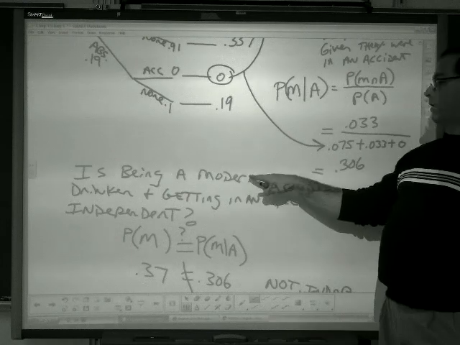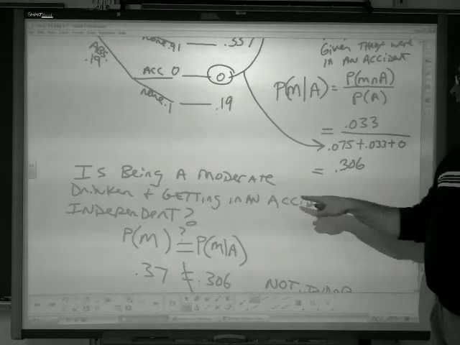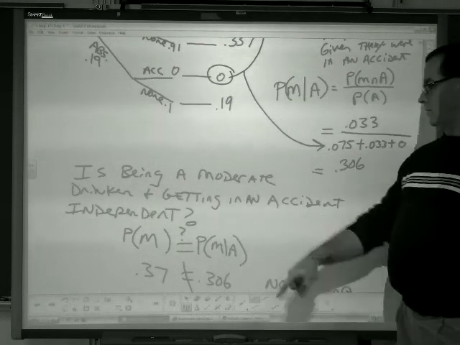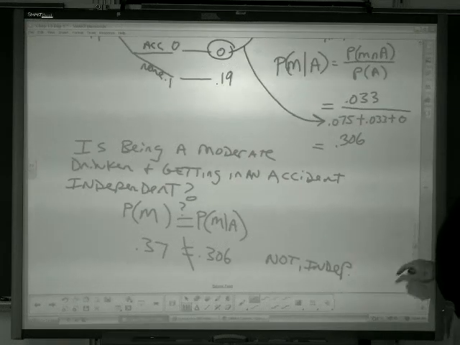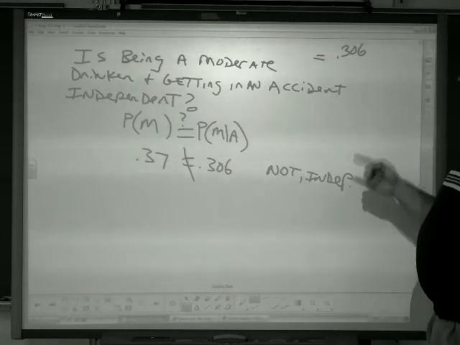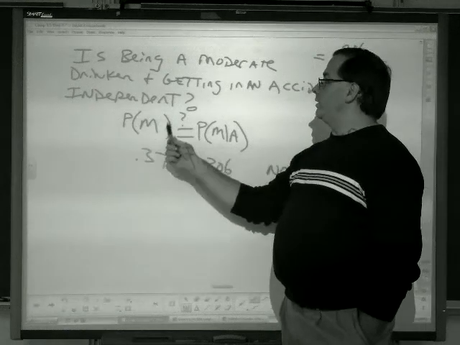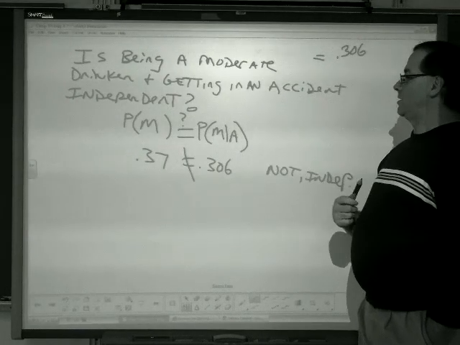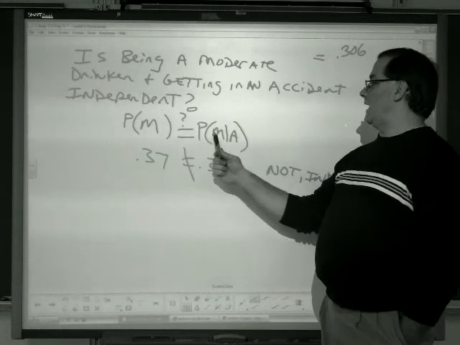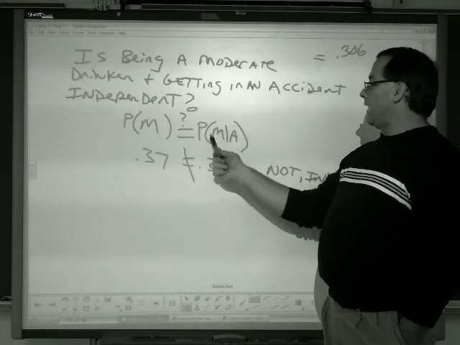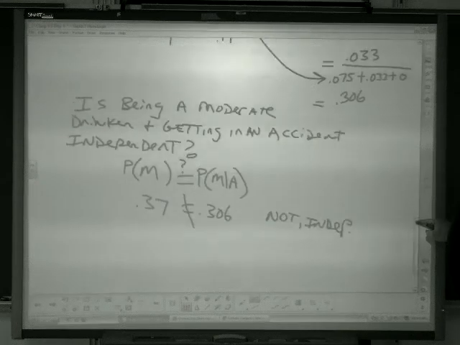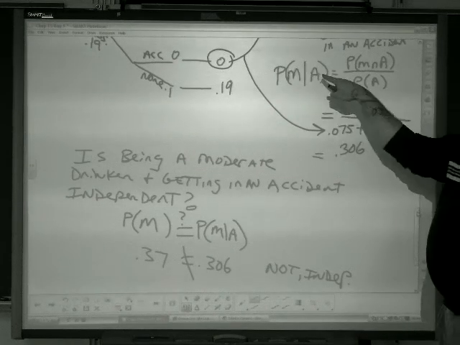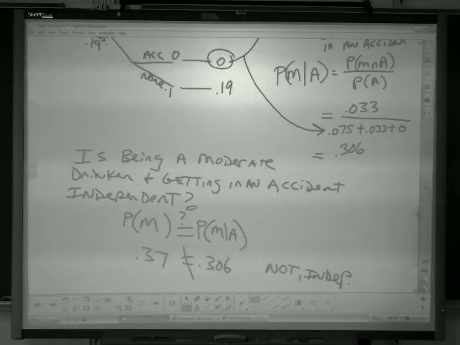Is being a moderate drinker and getting into an accident independent? Okay, so now we don't have a table, but we're going to use our chart. Moderate, is that the same as moderate given they get in an accident? Again, I could have done accident given moderate, but I already have moderate given accident up here. So I'm going to use my information from this previous question.